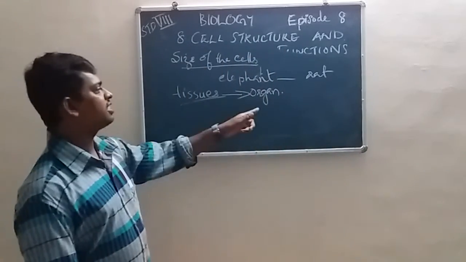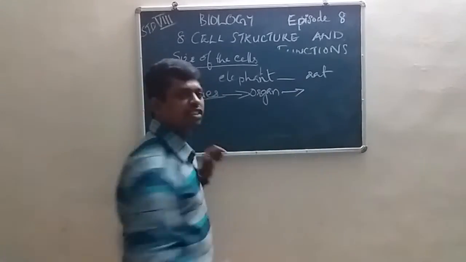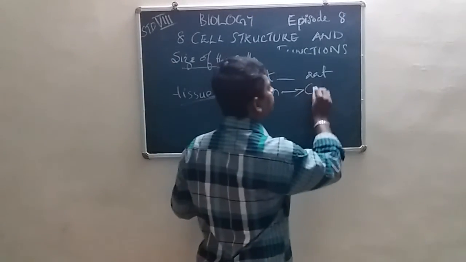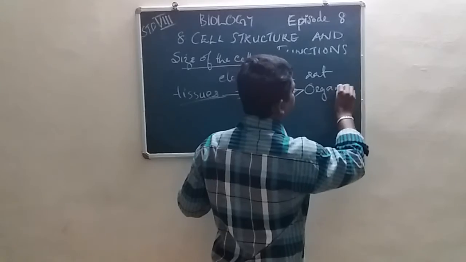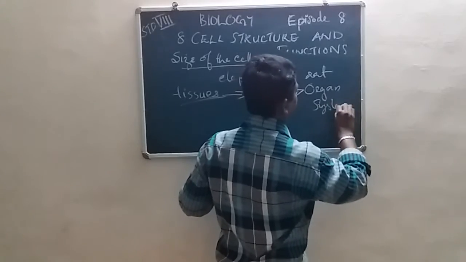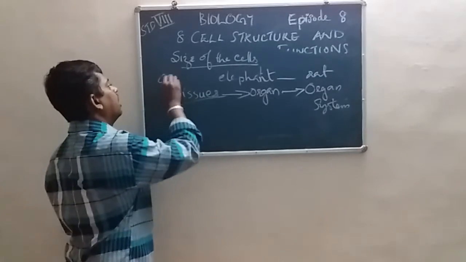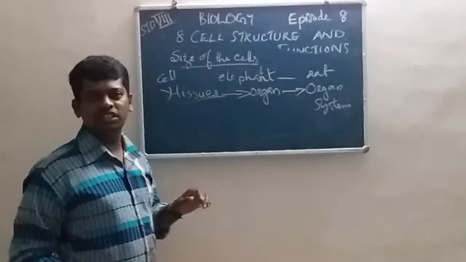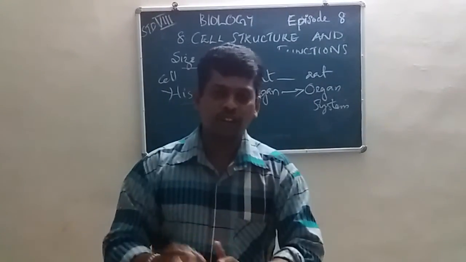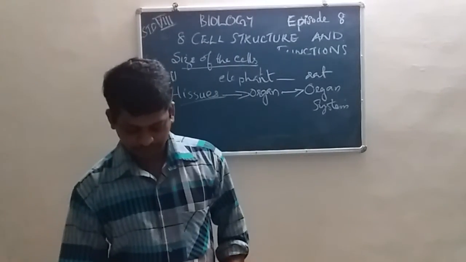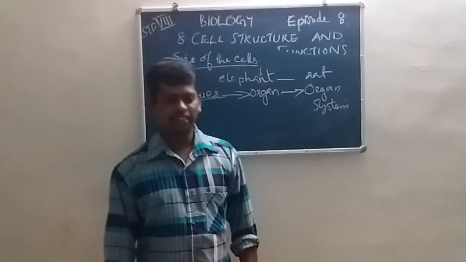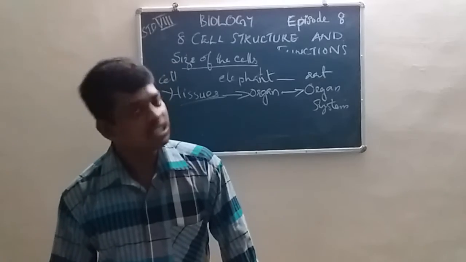So the organs join together for an organ system function. The cells join to form tissues, tissues join to form organs, to have an organ system. The digestive system is the main example for this.